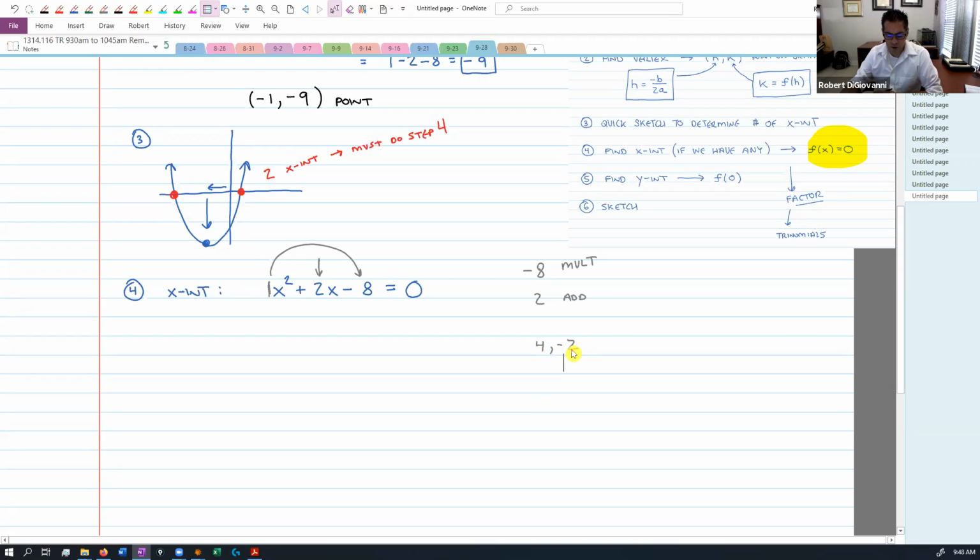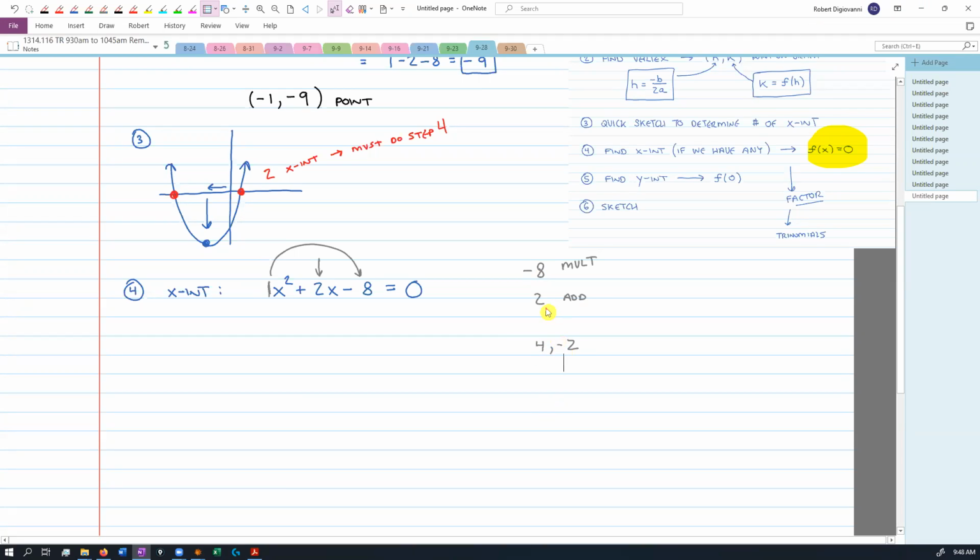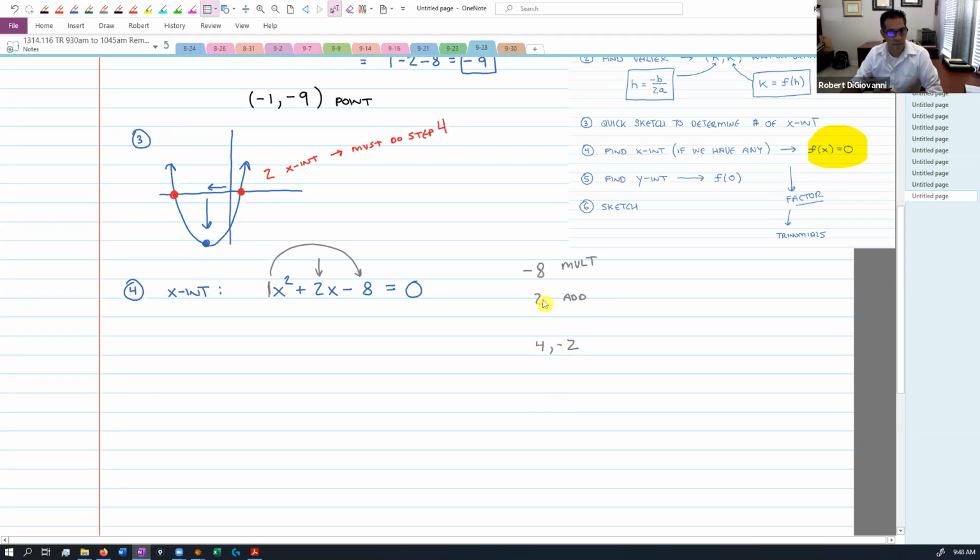Do these 2 numbers multiply to be -8? Yes. Do they add up to be +2? Yes. Right? So what that means is you can take this and factor it into x plus 4 and x minus 2.